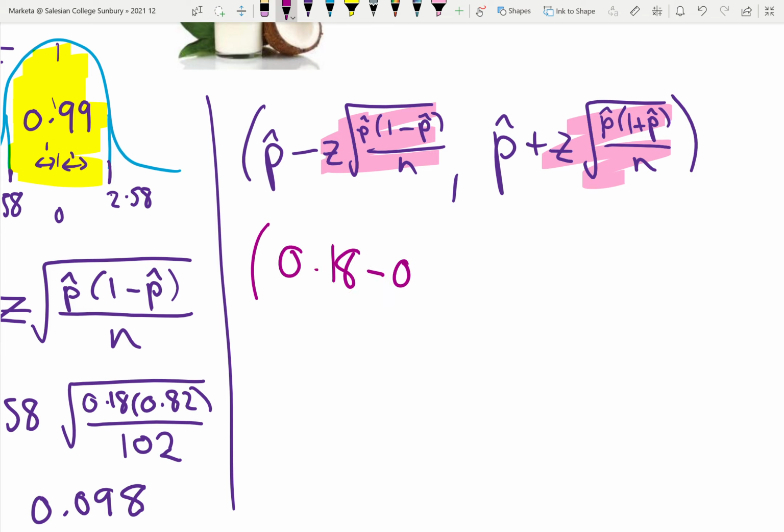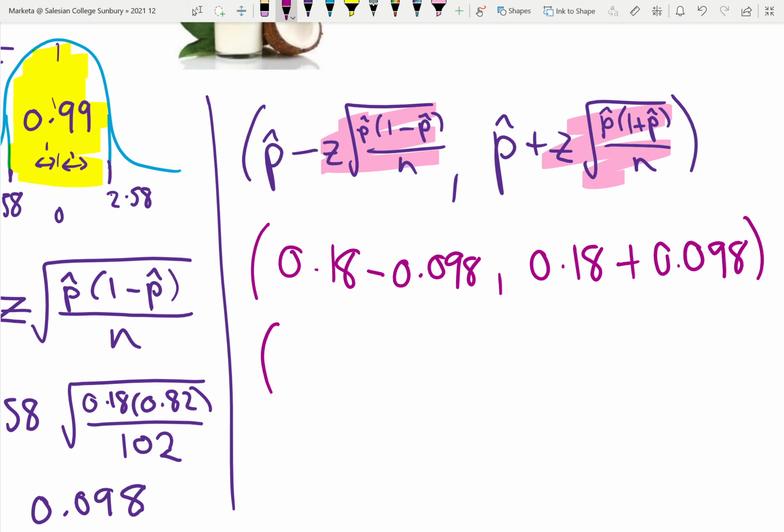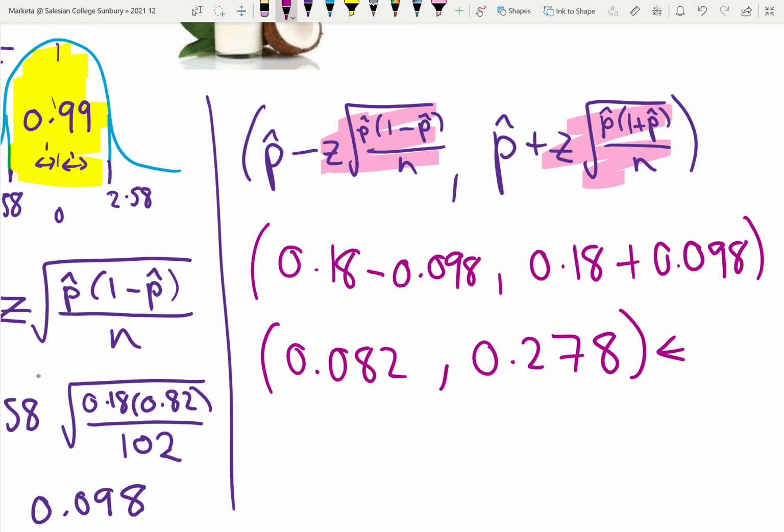So 0.18 minus 0.098, and 0.18 plus 0.098, gives us 0.082, comma, 0.278. This is our confidence interval.